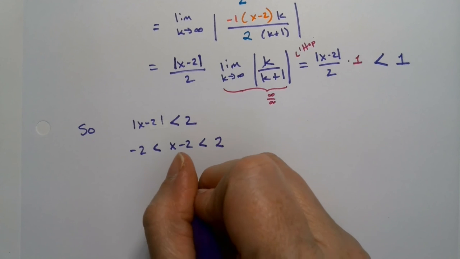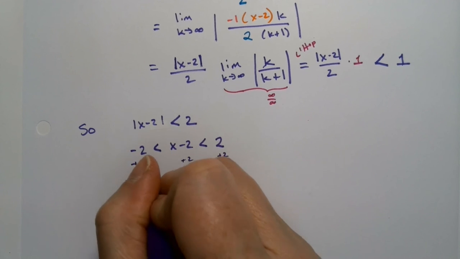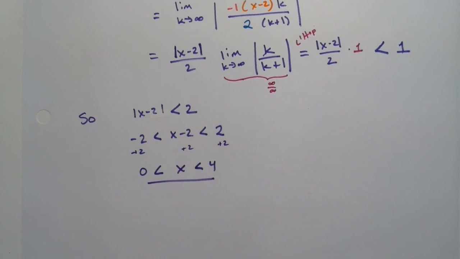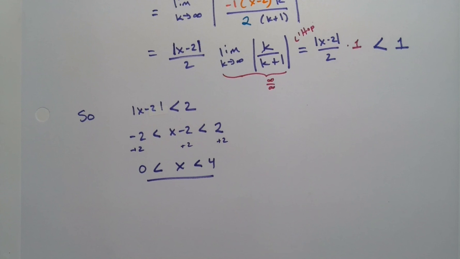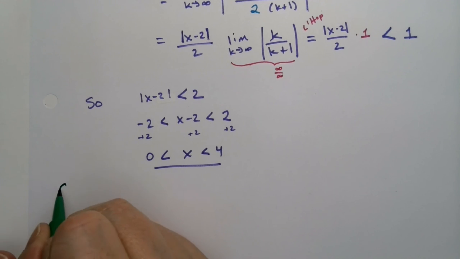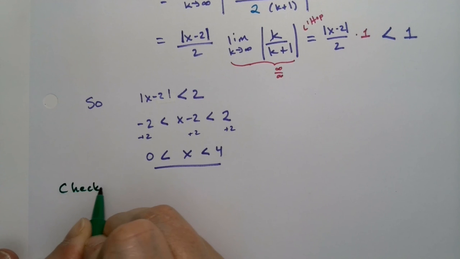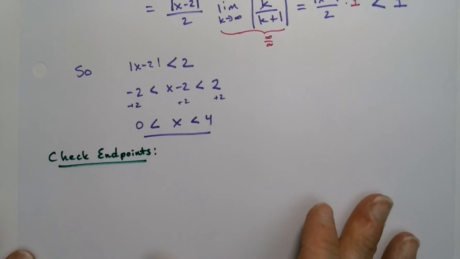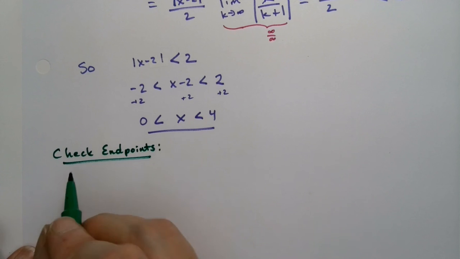And then we add 2 to all parts of that double inequality. And we get 0 is less than x, which is less than 4. There's our interval of convergence. But as always, we need to check our endpoints because we don't know. Let's do it right here. We don't know if one of these has an or equal to sign on it.